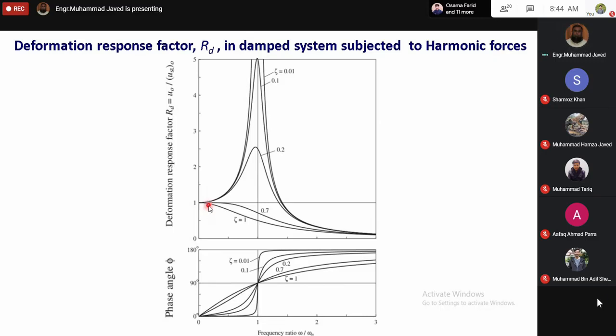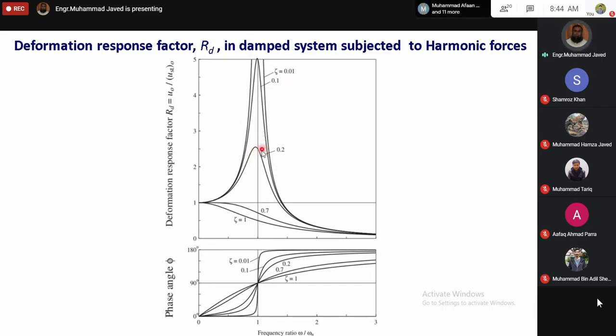However, when the frequency ratio increases, you can see deformation response factors start increasing, and at resonance, it has peak values. And you can see that the peak value of R_d at resonance depends upon damping ratio. Greater the value of damping ratio, smaller will be the peak value of R_d at resonance.